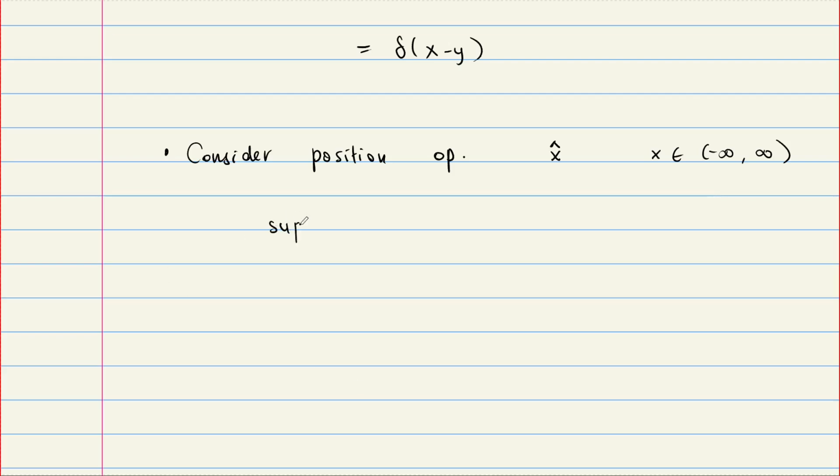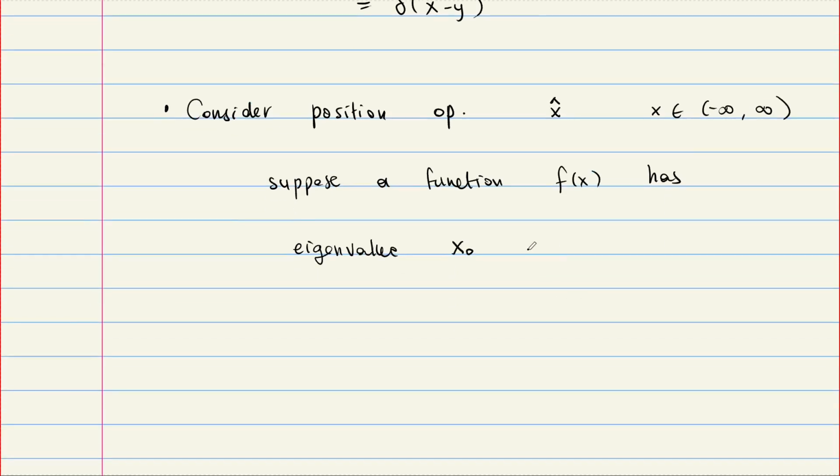Suppose a function f of x has eigenvalue, let me call it x naught, under the x operator. What this means is that I need to have something like this: x as an operator acting on f of x should give me x naught f of x.